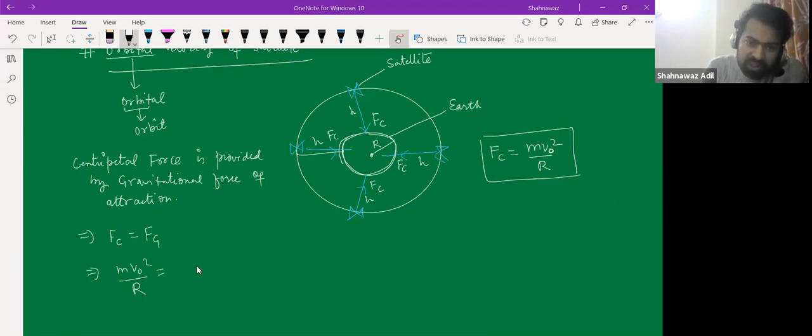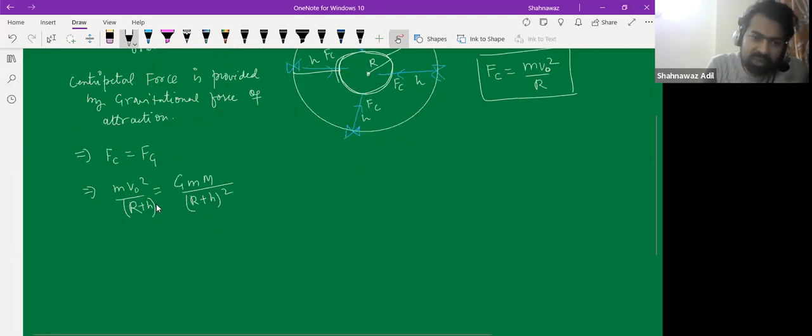Gravitational force is GMm divided by, oh, this is not the height, so this is r plus h whole square, because this is at a certain height. So the total distance is r plus h. Okay, so this r plus h will cancel, and this m and this m will cancel, and what we will get is v orbital square equals GM divided by r plus h.